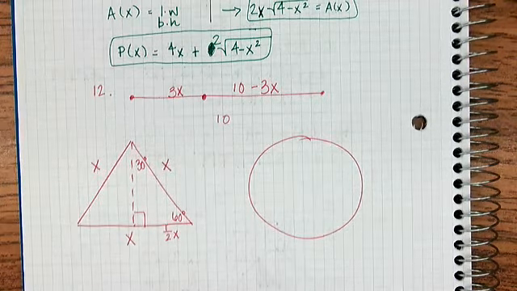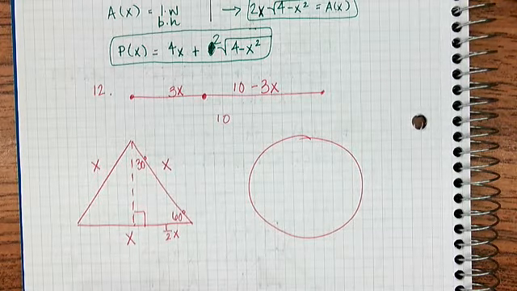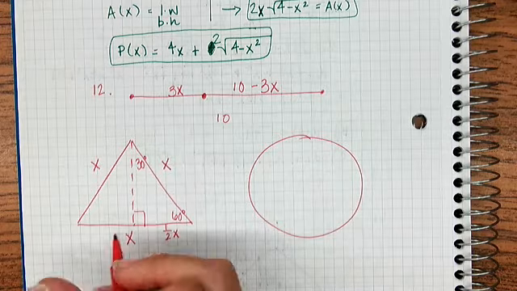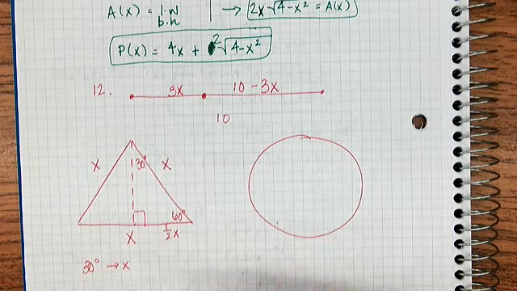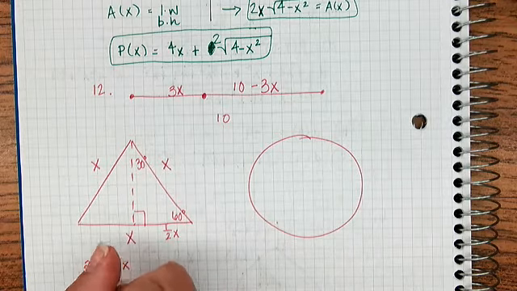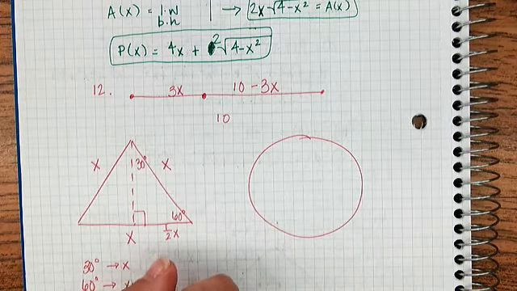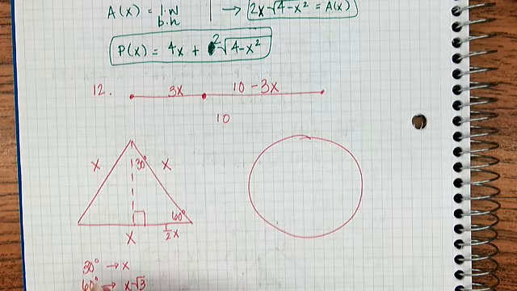If you remember your relationship in 30, 60, 90 degree triangles, opposite the 30 is x, opposite the 60 is x root 3, and opposite the 90 is 2x.